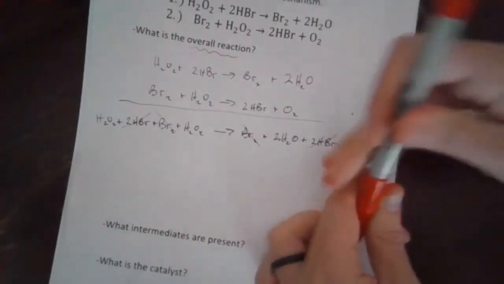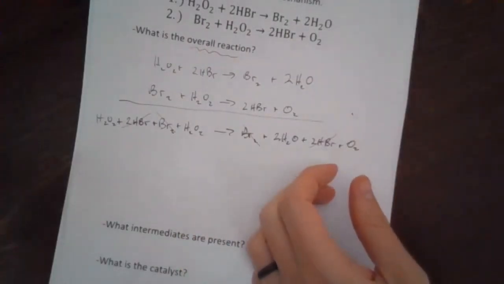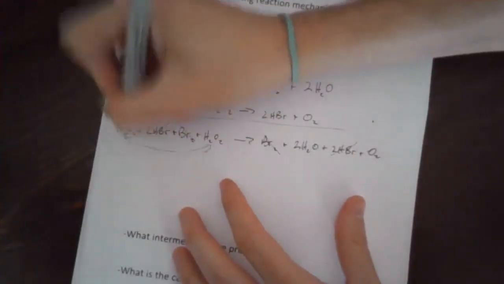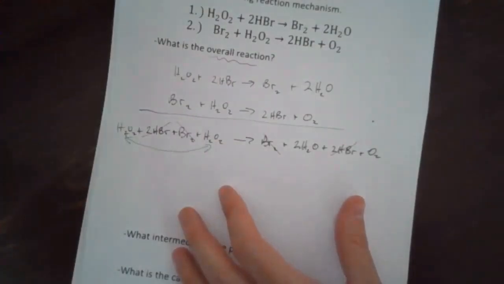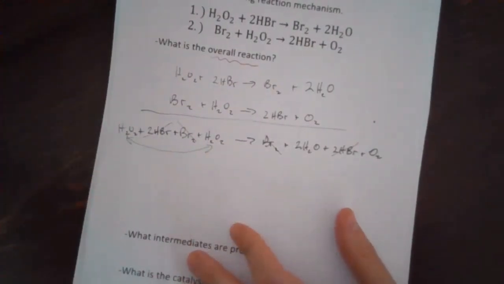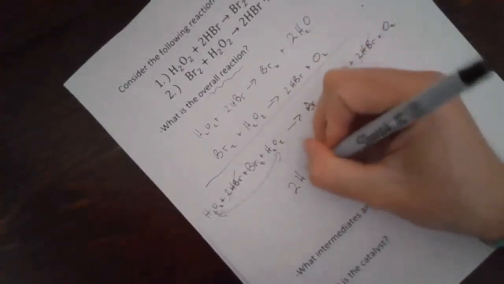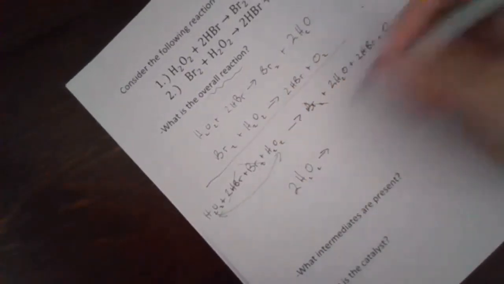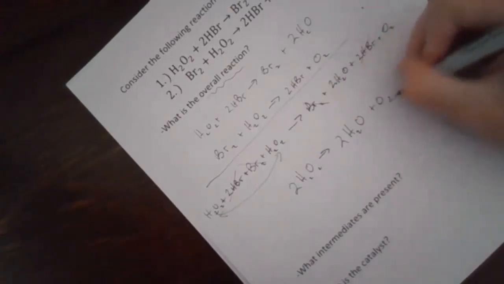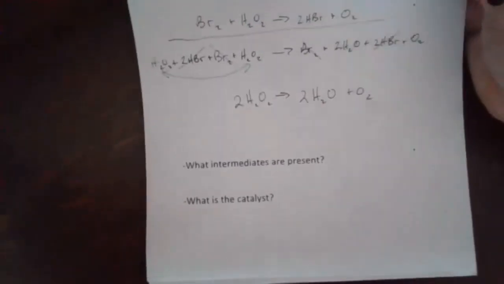So I can cancel out things that show up on both sides, and I can combine doubles, so the H2O2s right there. Overall, I can put everything together now. That is 2H2O2 becomes 2H2O plus O2. And that is my overall reaction.